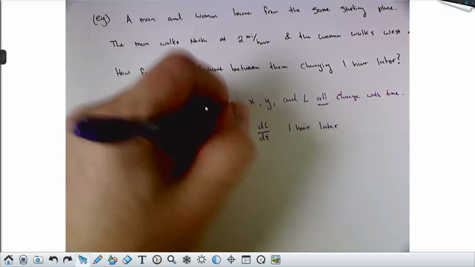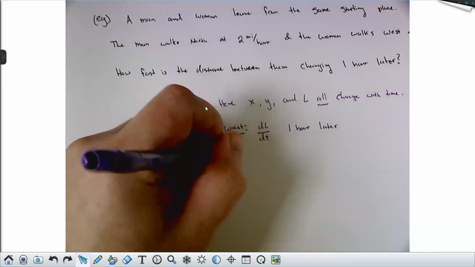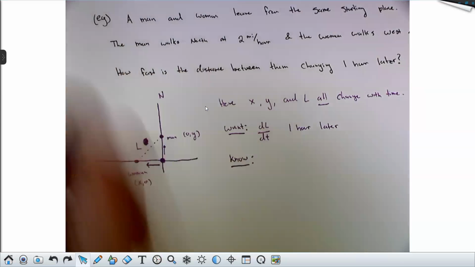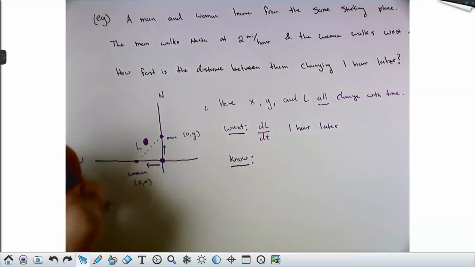What rates of change do I know? We have their velocities. So how do I connect that to a derivative? L squared is equal to x squared plus y squared. That's the geometry formula we're going to use.